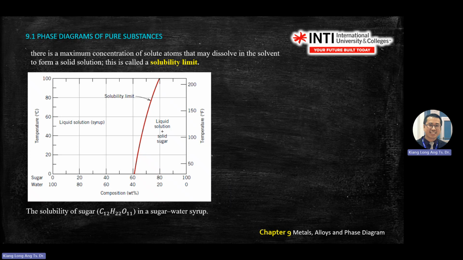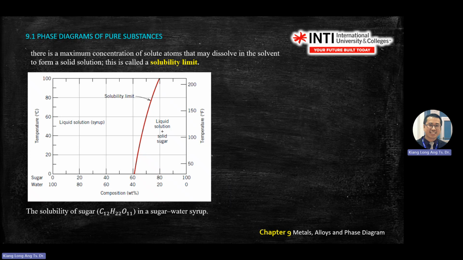So just be careful when you read the composition. Again, this is just an introduction. You will not see sugar and water in your test. You will see metal. So on the left here is sugar and water. Sugar is 0% to 100%, and water is 100% to 0%.